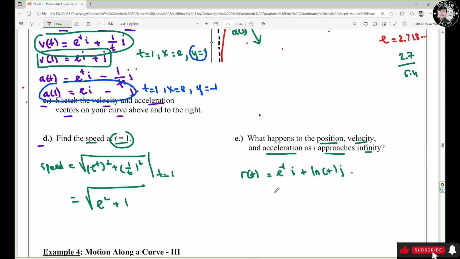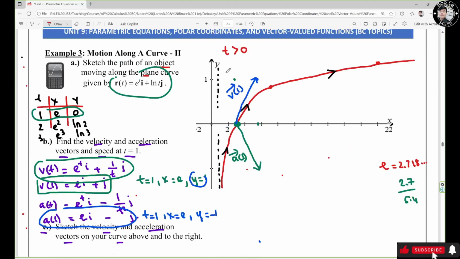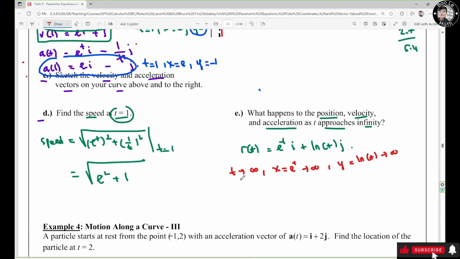So when t approaches infinity, x equals e to the t approaches infinity, y equals natural log of t approaches infinity. Or you can look at the graph right here. When t approaches infinity, x approaches infinity, y right here approaches infinity. You see that it keeps going further to the right and upward. So we have this one.